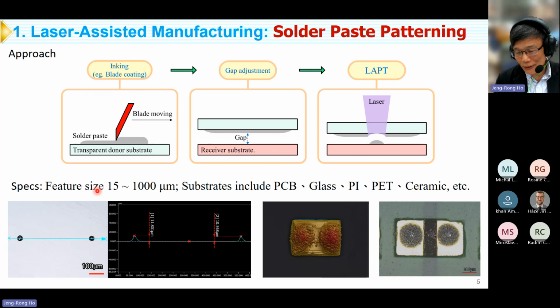Currently, with our techniques, we can transfer features with diameters from 15 micrometers up to 1,000 micrometers. Then the substrate can be PCB, glass, PI, PET, and ceramics.